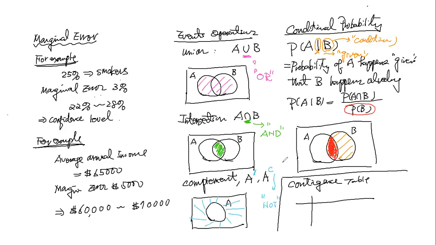It has two variables, variable A and variable B. For example, variable A here is gender, so male and female. And B here could be their political view, so you could have conservative.